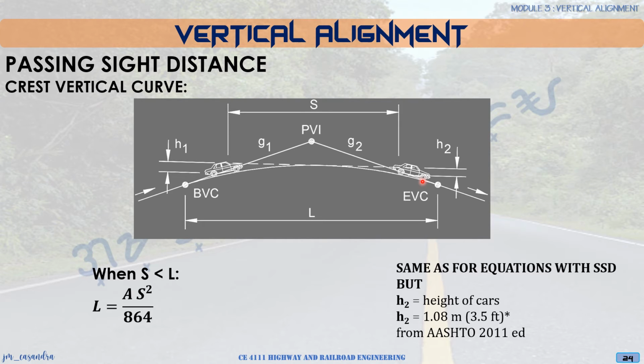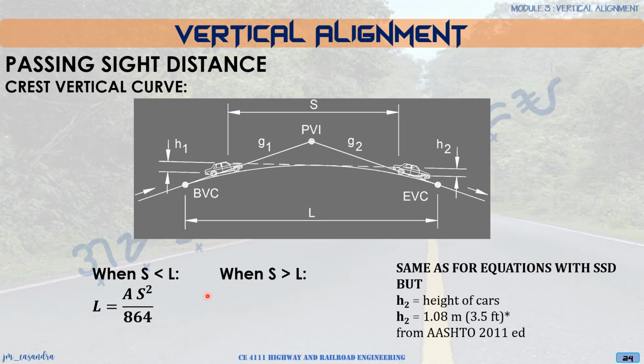Given that, applying the value of H1 and H2 in the equation of the stopping sight distance, we now arrive at L is equal to A times the passing sight distance squared divided by 864. And this is used when the sight distance is assumed lesser compared to the length of the vertical curve.